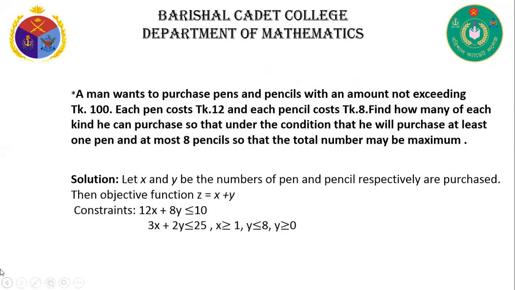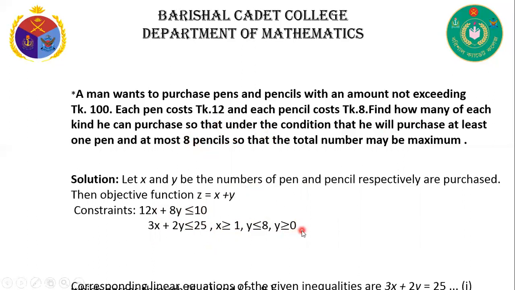And another condition, 3x plus 2y less than or equal to 25. And other conditions, x greater than or equal to 1, y less than or equal to 8, and y greater than or equal to 0.